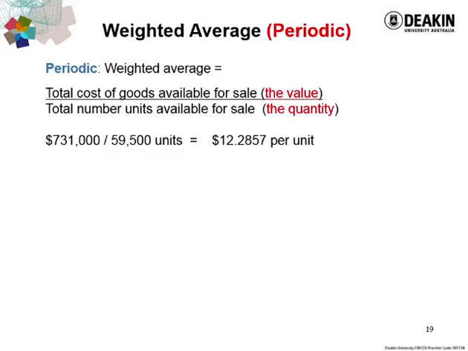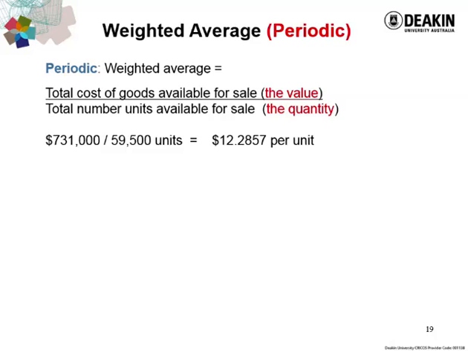So the cost in this case is 731K, which is the opening balance 12K plus total purchases 719K, and the total number of units available for sale is 1,500 opening units plus 58K units purchased, which equals 59,500 units. So we divide 731K by 59.5K units.